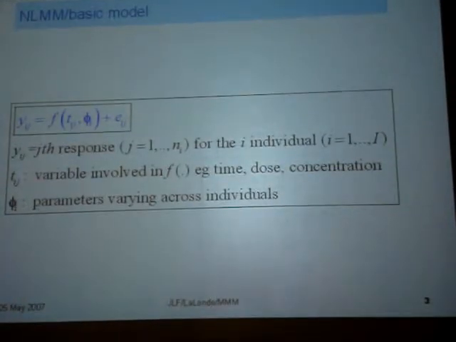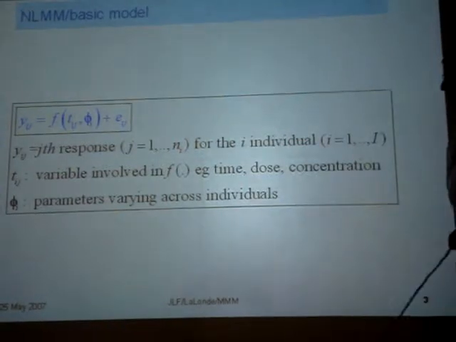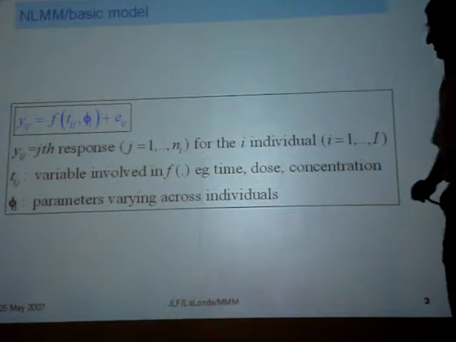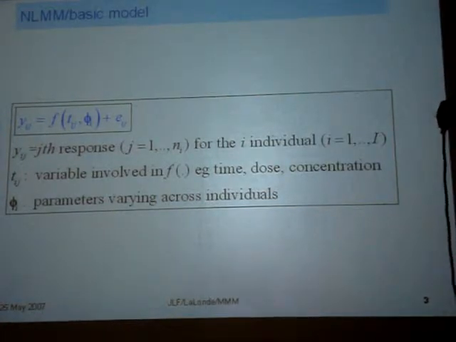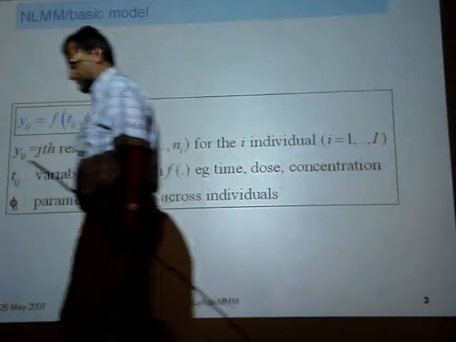In our example, growth curve, it could be time, it could be dose, concentration, something linked to the process. And phi_i are parameters varying across individuals, plus a residual, eij.